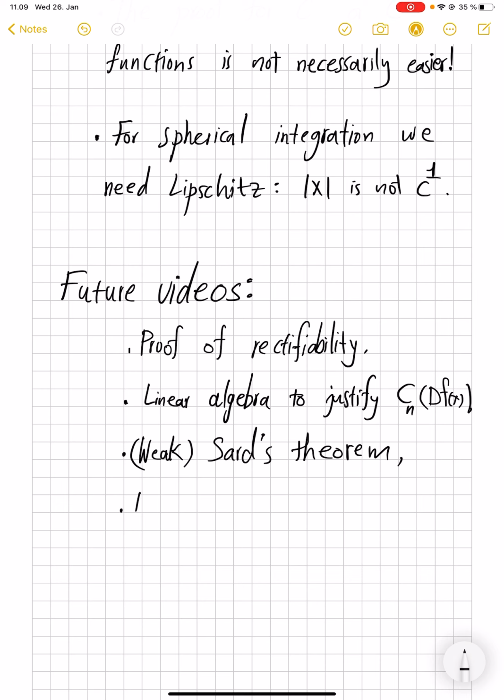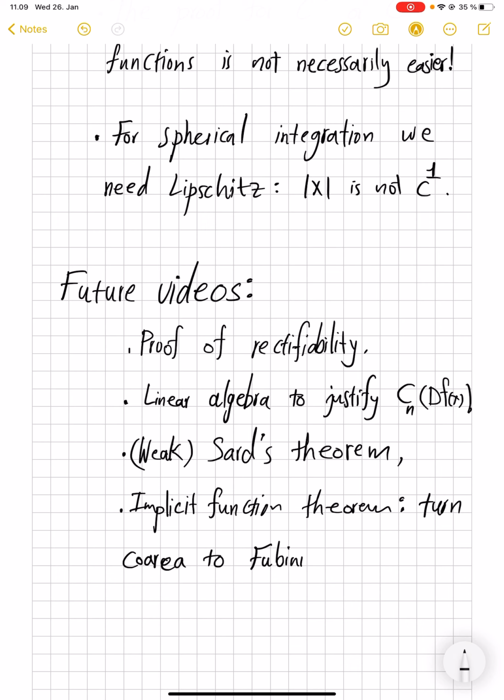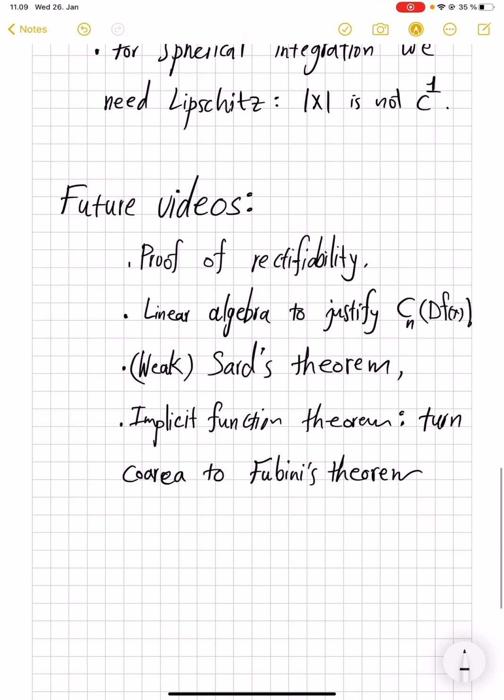And then we will see the implicit function theorem, which will turn the Coarea formula to Fubini's theorem. So we will deduce the Coarea formula from Fubini's theorem by applying the implicit function theorem. The idea is already in the spherical integration coordinates.